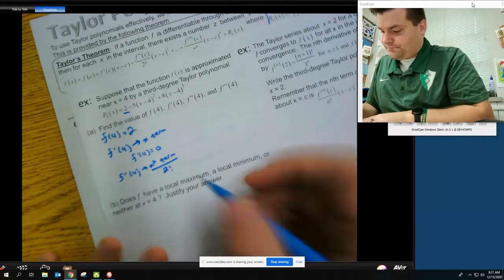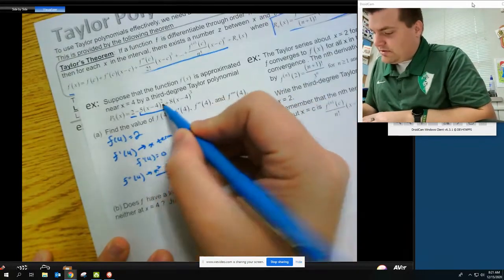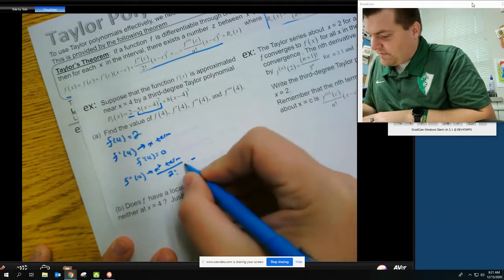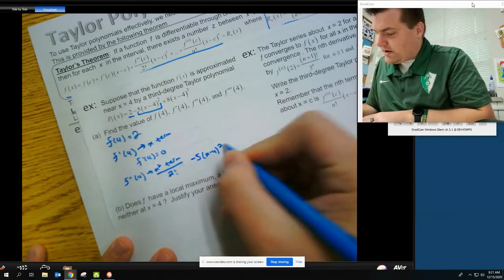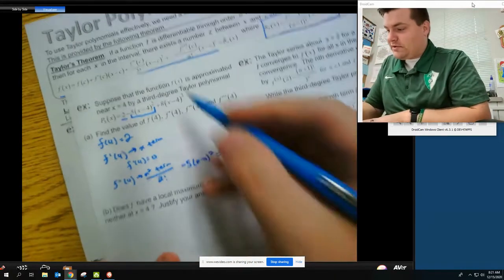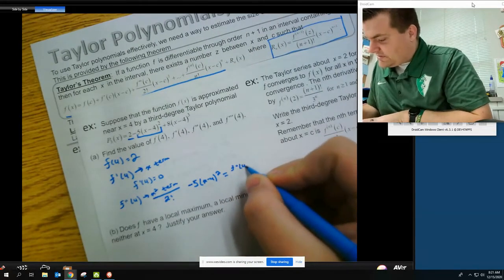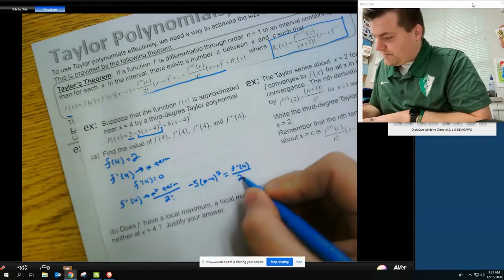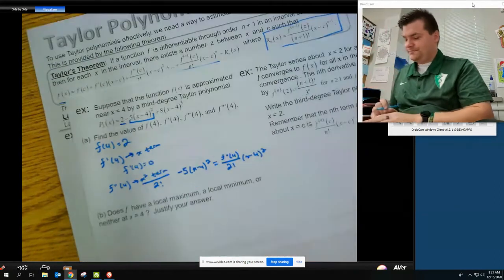So what this is going to equal is right here. So this is going to be negative 5 times x minus 4 squared, which equals, like we said, the second derivative centered at 4 all over 2 factorial times x minus 4 squared.